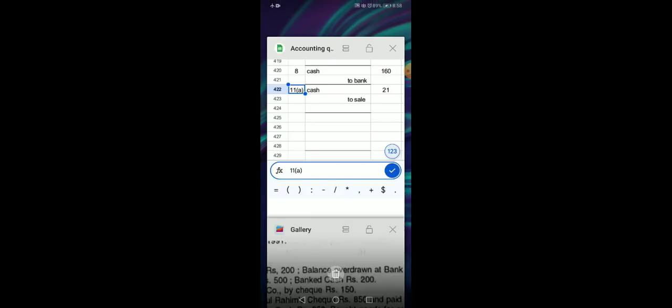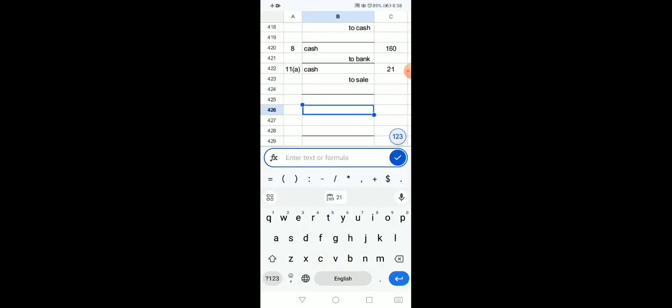But there is another part also present in this entry on the same date: paid wages in cash. What are you doing now? You are again paying, for what? For wages. When you pay something, it means your cash in hand is decreasing. A decrease in cash in hand means a decrease in asset. A decrease in asset should be mentioned on the credit side. So you are writing cash on the credit side as your cash is decreasing. Decreasing for what? You are paying wages. Wages are your expense, and expenses are required to be mentioned on the debit side.